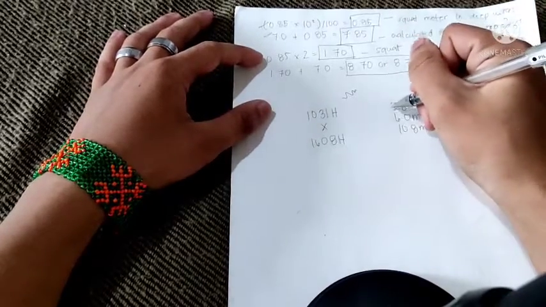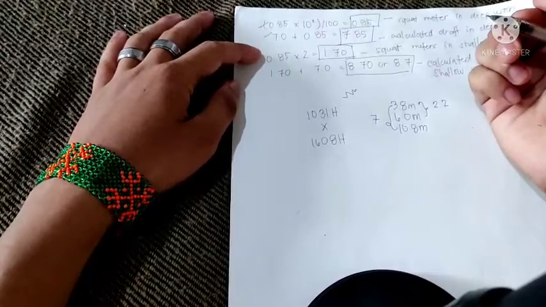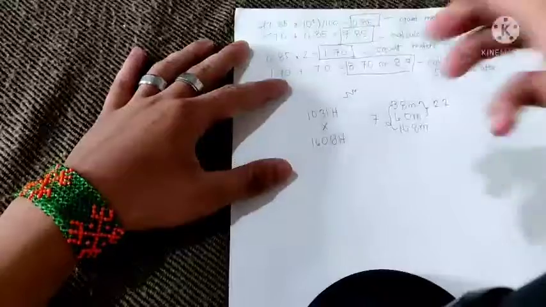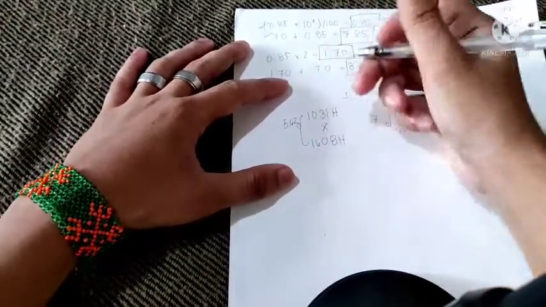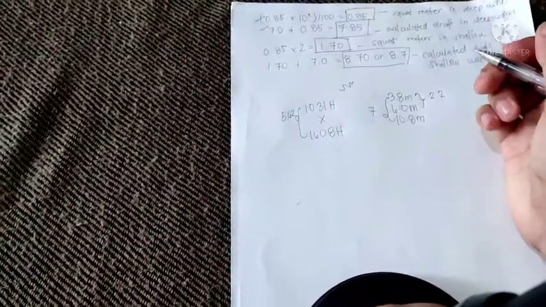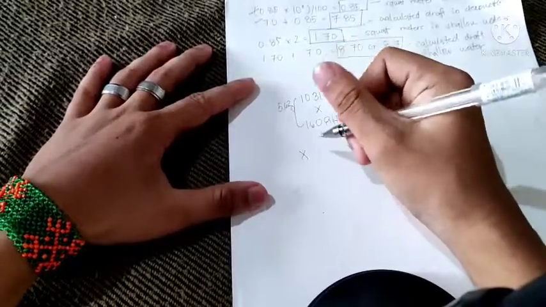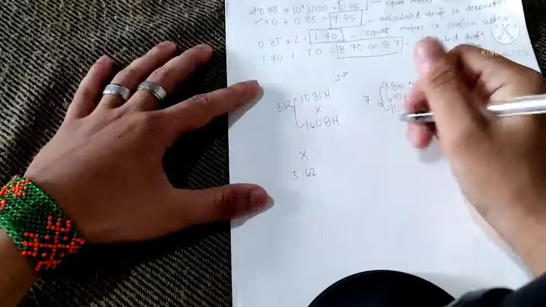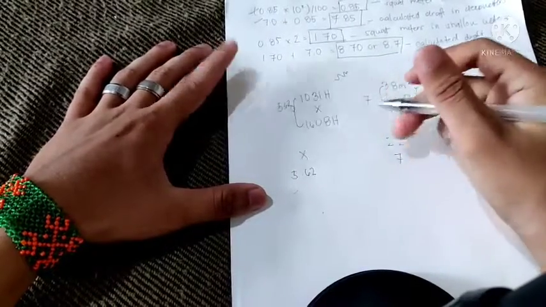Then dito naman is 7. Yung kanina natin is 5.62. Pagpasensyahan nyo na po yung aking sulat, masyadong pangit. Then X, 5.62, then 2.2, and 7. Ito, times lang natin silang dalawa.